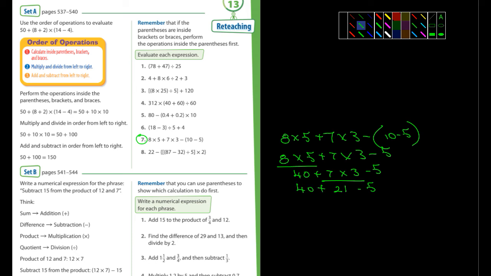Now we just do it from left to right because addition and subtraction have the same influence, the same power. So you would just go from left to right. So 40 plus 21 is 61. So we're left with 61 minus 5. That's going to be 56. So the answer to number 7 over here is 56.